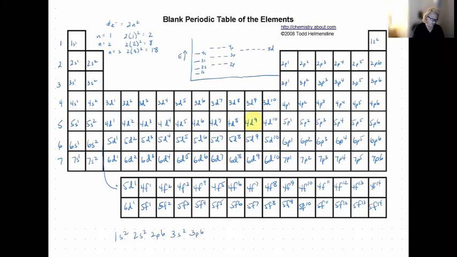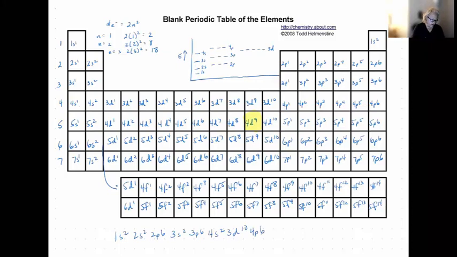Now we're in the fourth row, because notice silver is in the fifth row, right? So the fourth row, we've got 4s1, 4s2. We have the 3ds all the way through 10. Then we have the 4p's, 4p6.